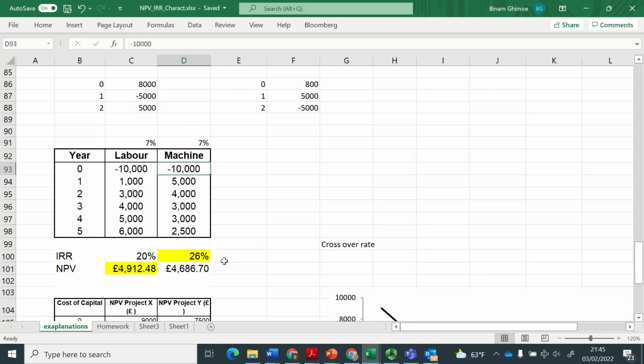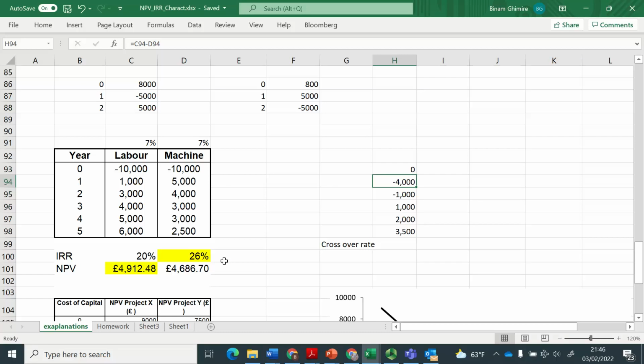So what is a crossover rate? Crossover rate is basically the IRR of the difference in the cash flows of the two projects. So you just find the difference in the cash flows of labor and machine. It doesn't matter whether you do machine minus labor cash flows or labor cash flows minus machine cash flows, okay?